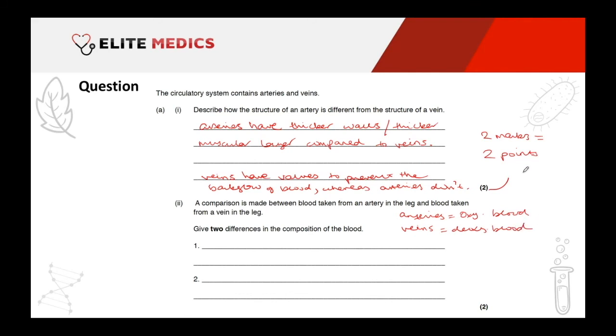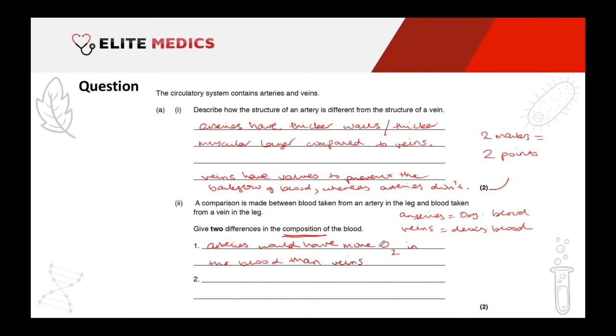But I don't think that that's sufficient because it mentions the word composition. So you've got to think what is in that oxygenated blood and what is in the deoxygenated blood. Okay, so the first thing to do is, I would say, arteries would have more oxygen in the blood than veins.